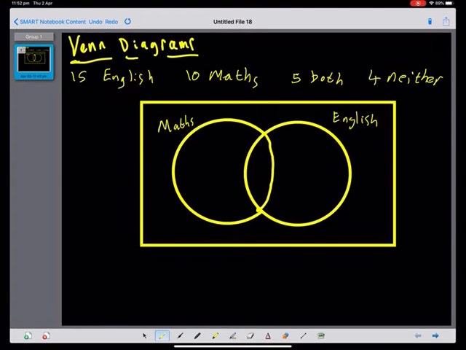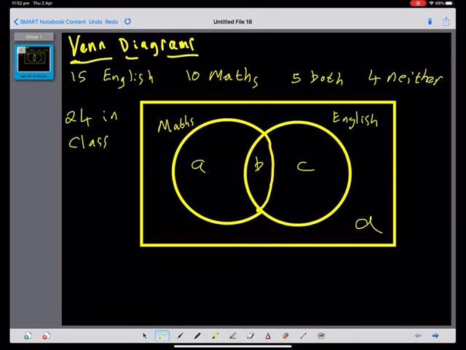Okay, and I'm going to tell you that there are 24 in the class. Okay, so I would like you to tell me what value A, B, C, and D take.